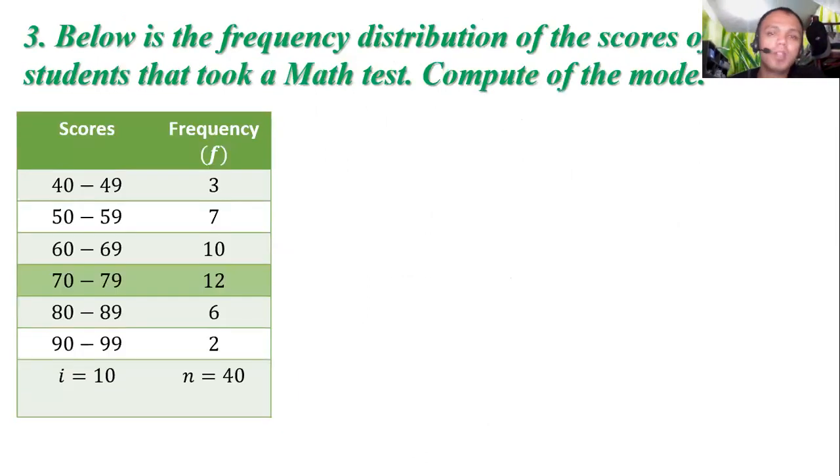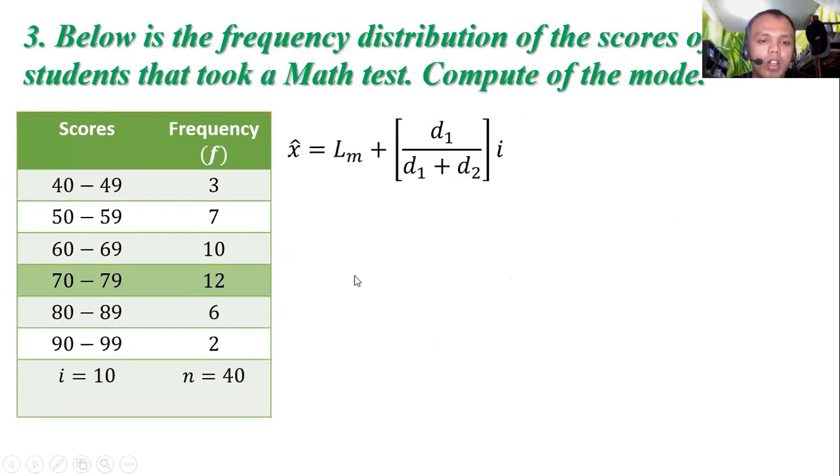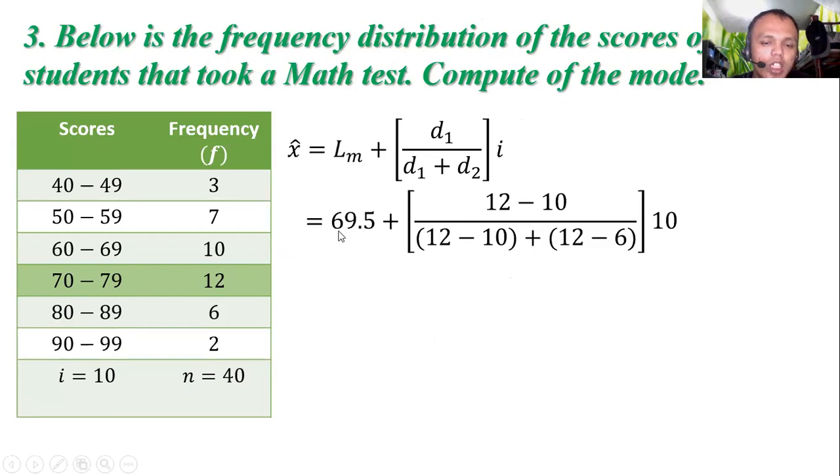Next, below is the frequency distribution of the scores of 40 students that took a math test. Compute for the mode. Again, the modal class is highlighted. Let's just substitute. What is the lower class boundary? We have 69.5 plus D sub 1, 12 minus 10, the preceding, then D sub 2, 12 minus 8, the succeeding, 6... times your i here, 10.